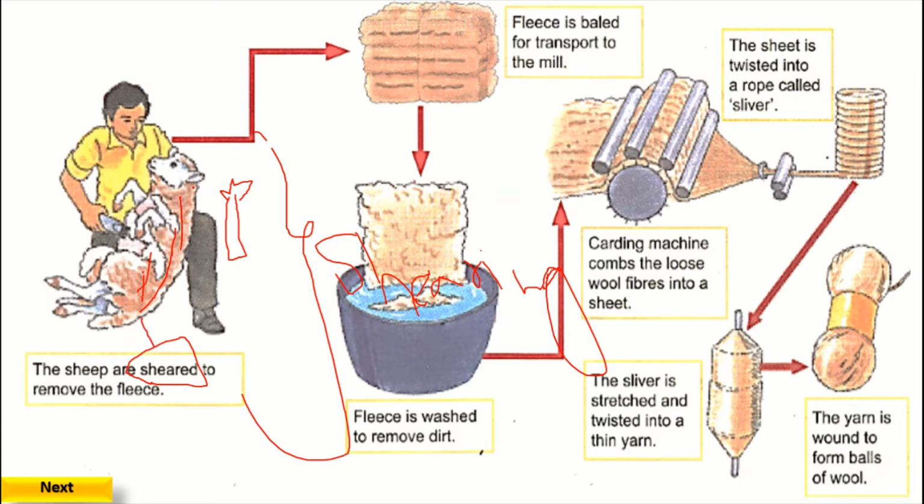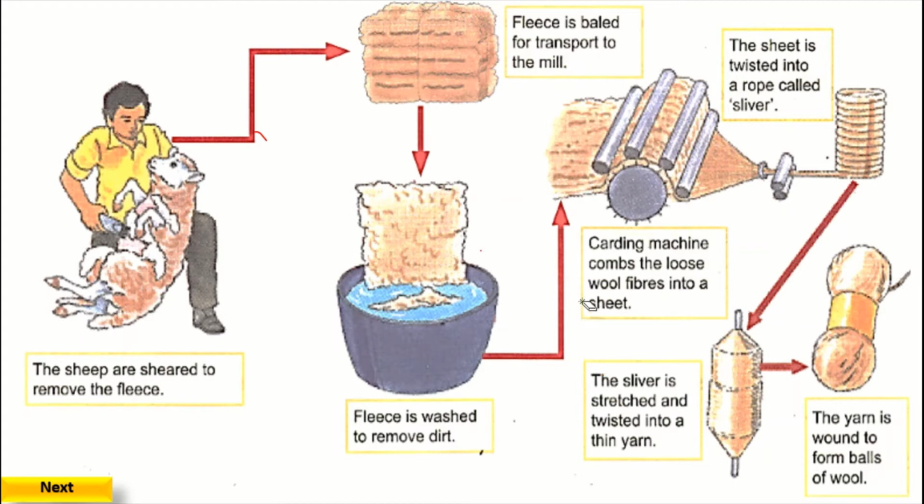This is first: the hair or fleece of the sheep is removed using a trimmer or any other machine, and that process is known as shearing, and it is baled for transport to the mill. Baled means they are kept like bundles in rows, right? And they are transported to a mill.